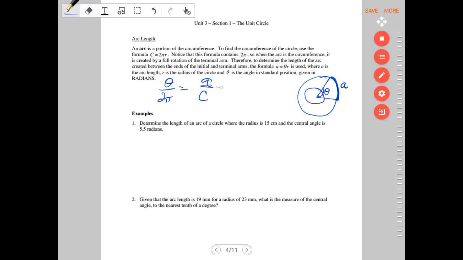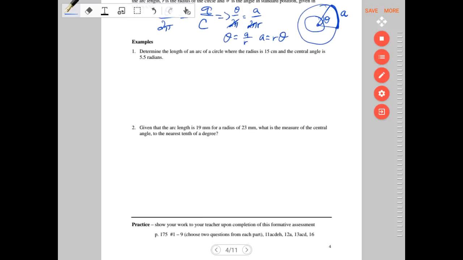So that means that theta over 2 pi equals A over the circumference, which is 2 pi r, so I'm going to substitute that in. If you notice, the 2 pi's can both be canceled out, and we get theta equals A over r, or A equals r theta.